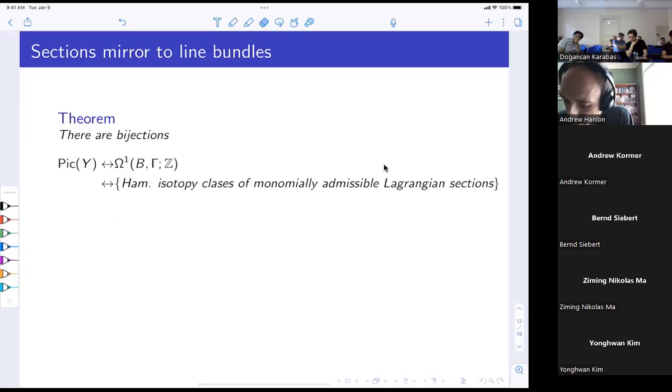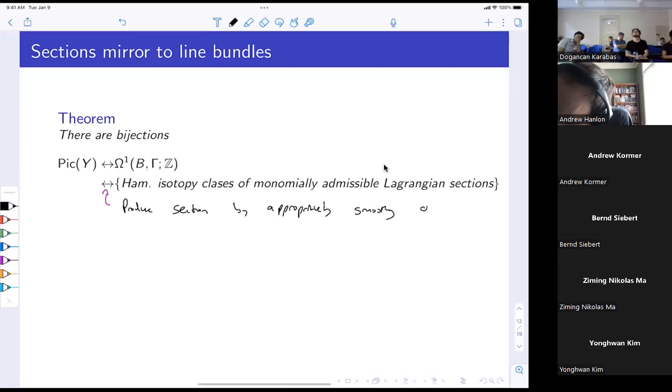let me just say something about how this last step goes. You produce a section by appropriately smoothing df, where I think about f as being a section of this sheaf.